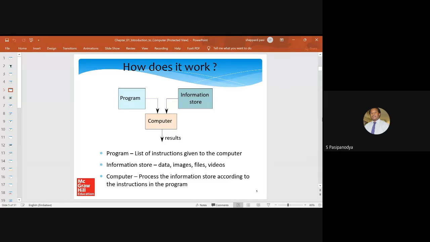And then we have an information store. An information store is just a repository of your data, of your multimedia, or of any piece of logically organized facts that you can use to your advantage.